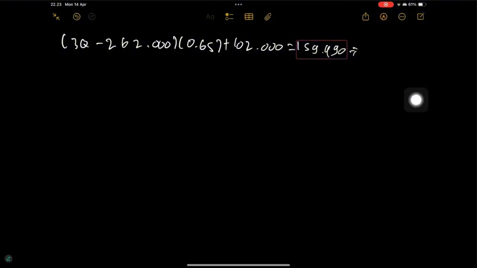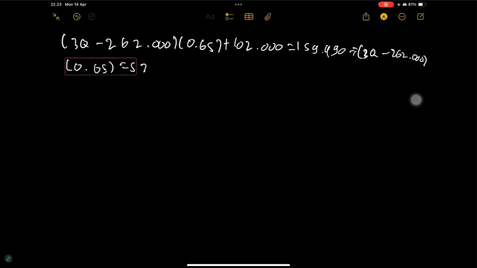Proceed to 3Q minus 262,000 times 0.65 equals 57,490.